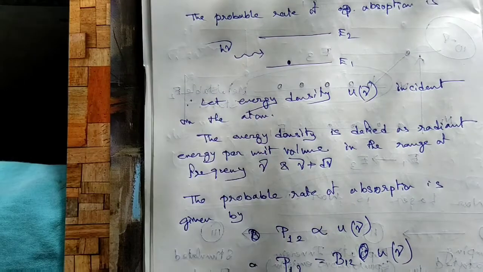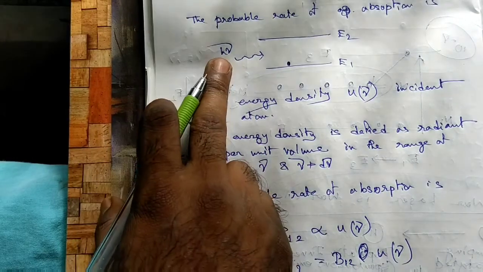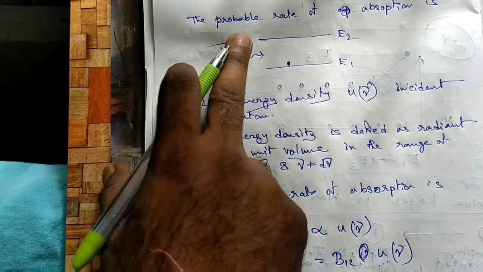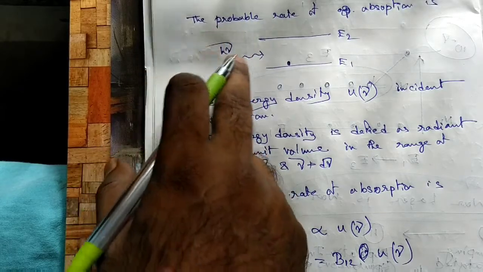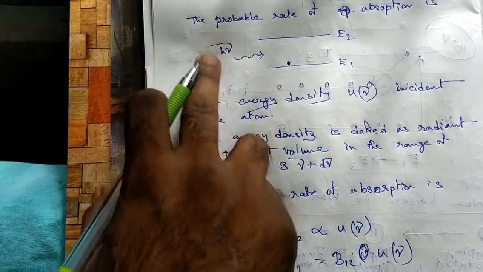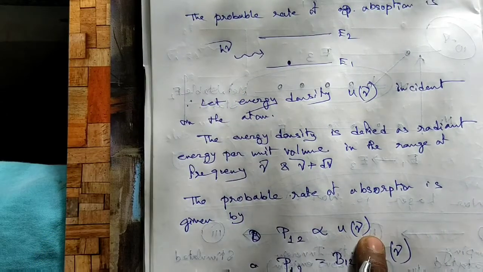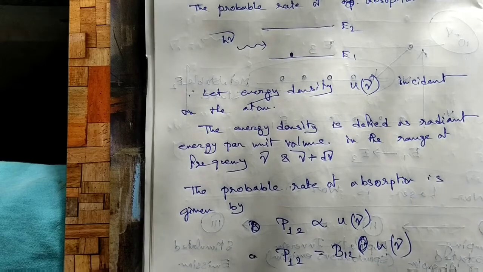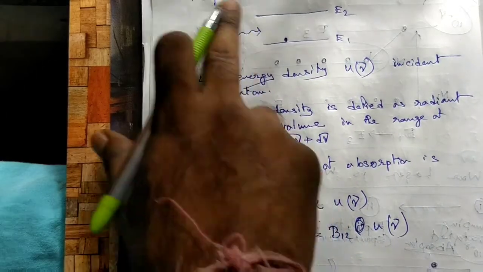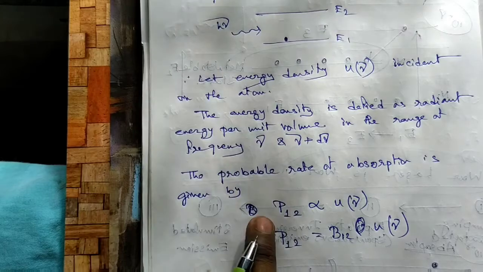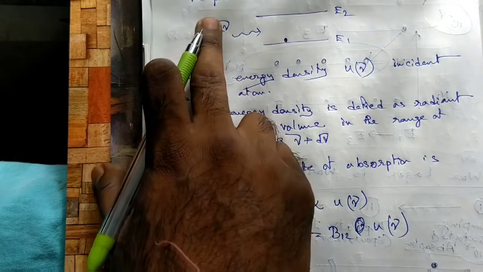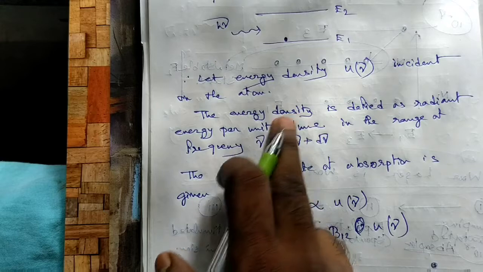stimulated absorption. The stimulated absorption depends on how much energy this outside photon has. Suppose the energy density of this photon is u nu, then the probability rate of absorption of the energy of this outside photon is proportional to the energy density.